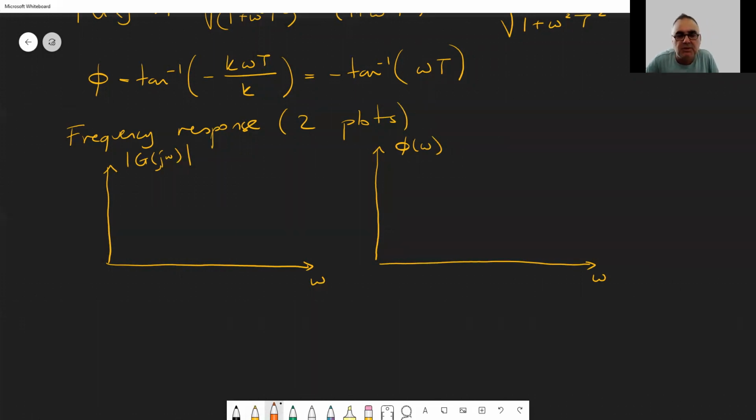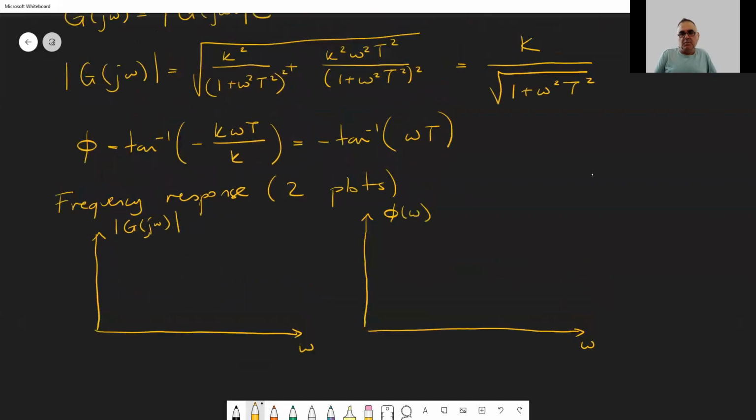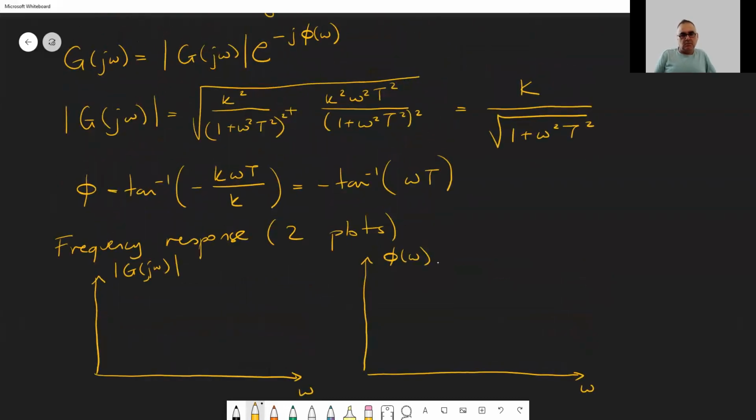This starts from when omega is 0. You start from K, I suppose. And then as omega goes to infinity, it will go to 0. It will be some curve like this. Well, I can put it better.